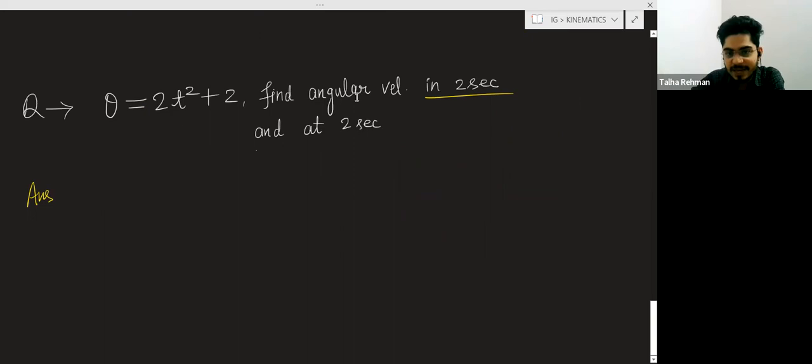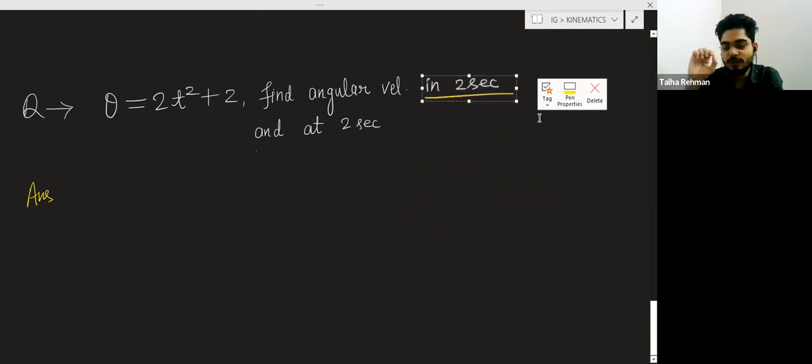So first they are asking angular velocity in 2 seconds. In 2 seconds, what will you calculate here? Average angular velocity or instantaneous angular velocity?